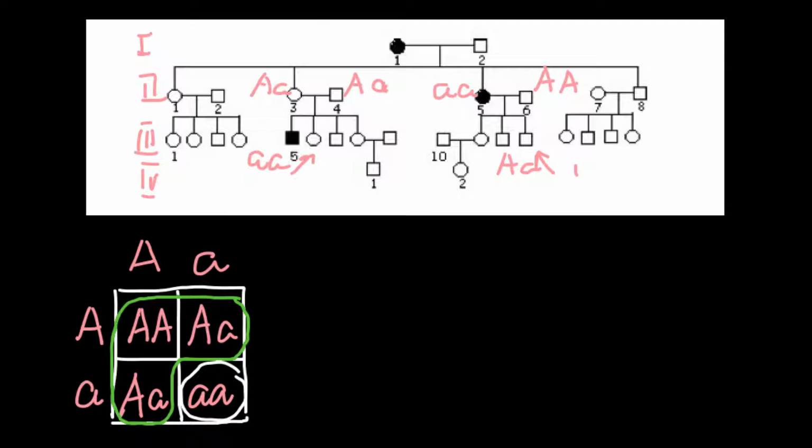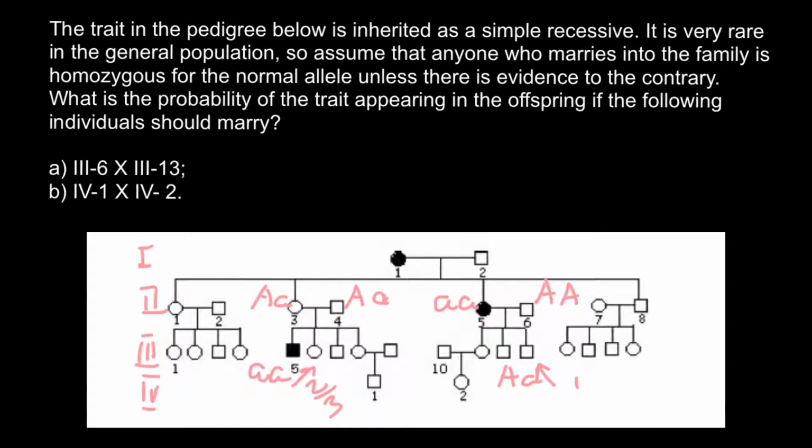And the probability for her to be a carrier would be 2 out of 3, not 2 out of 4, because we know that this genotype is different and the phenotype is different. So 2 out of 3. And this is the probability for this person to be a carrier, 2 out of 3. So let's now return to our problem.